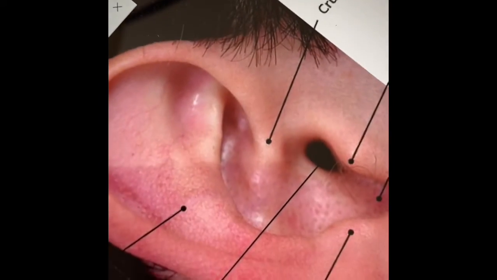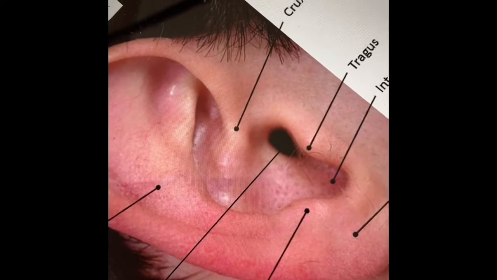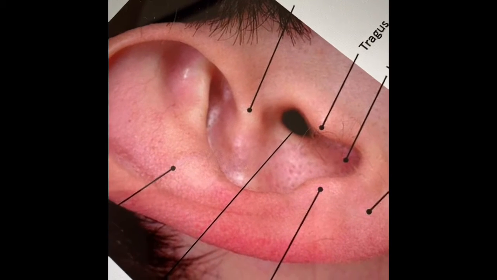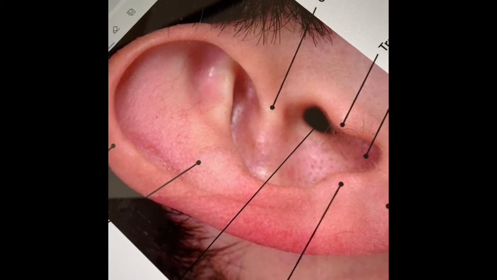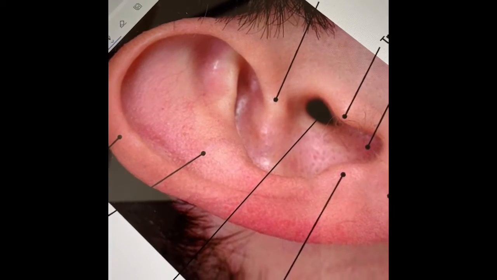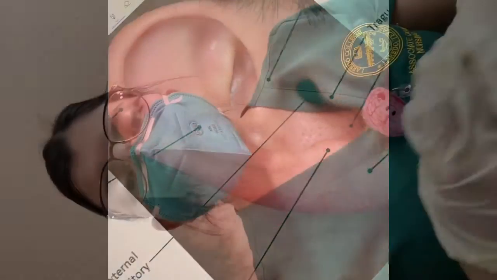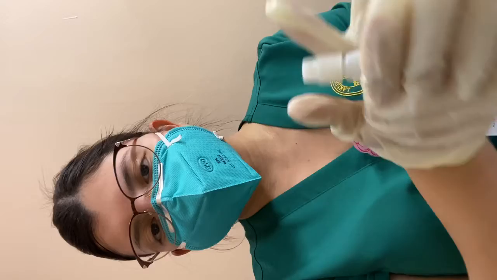To properly administer medication via the otic route, we will begin by instructing our patient to recline and turn their head to the opposite ear from the one that will be administered. We begin by observing the ear and checking for no cerumen or discharge from a ruptured eardrum. Make sure to warm the eardrops appropriately by rubbing them against your hands like so.